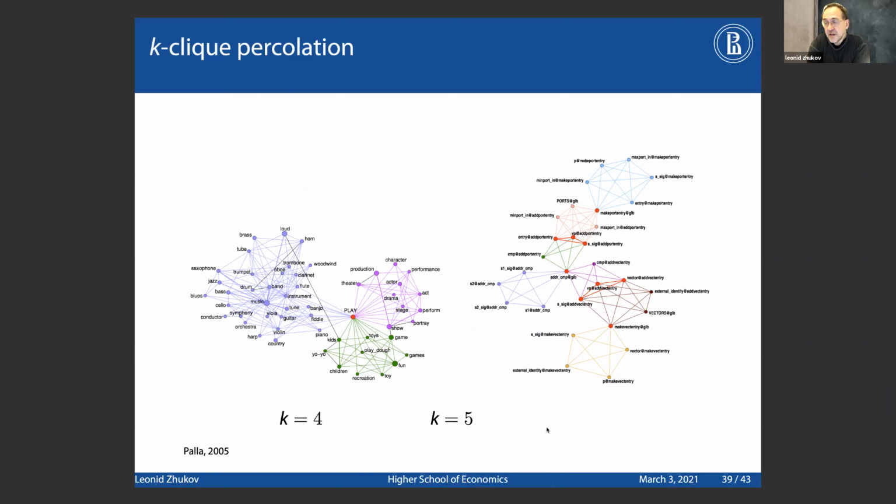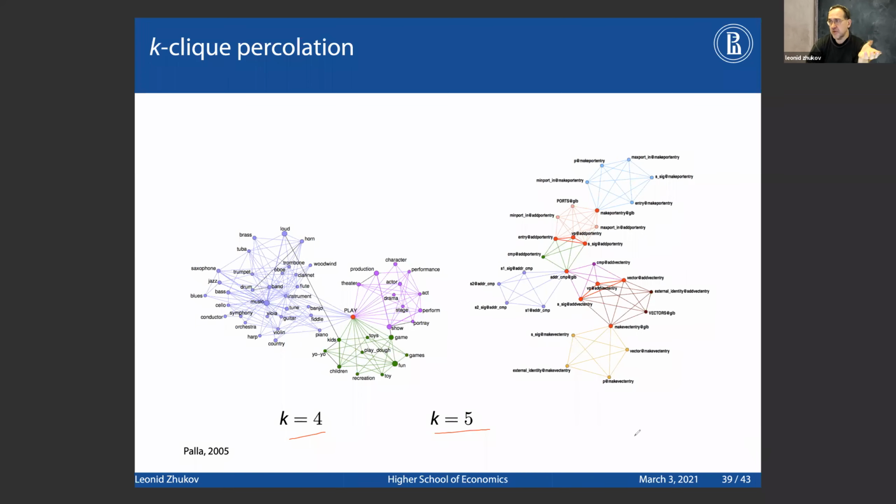Now, it's very clear that the performance and the result of this algorithm will strongly depend on the selection of the size of the clique, right? And so the authors recommend you to run it with size 3, size 4, size 5, and see what happens. The denser the graph itself, probably the higher clique number you can use to detect things.